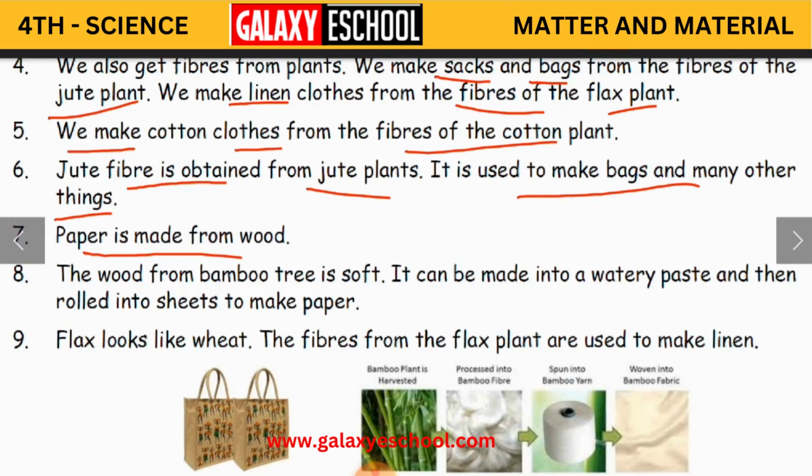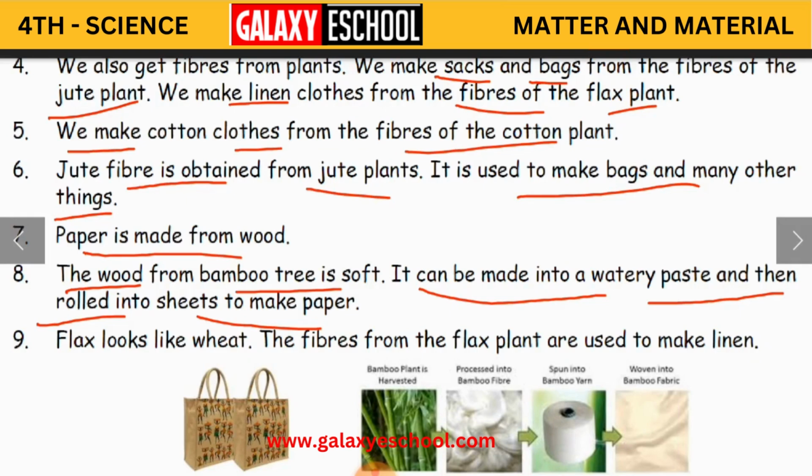And the wood from the bamboo tree is very soft, so it can be made into a watery paste and then rolled into sheets to make paper. So how does paper come out of this wood, children?